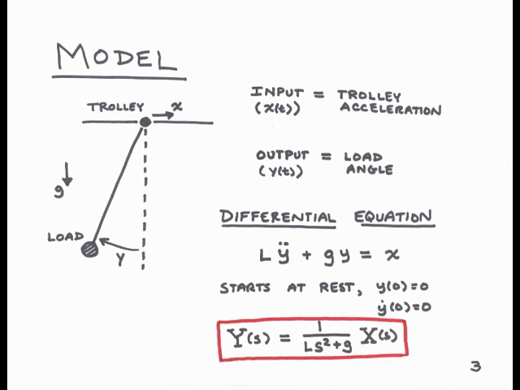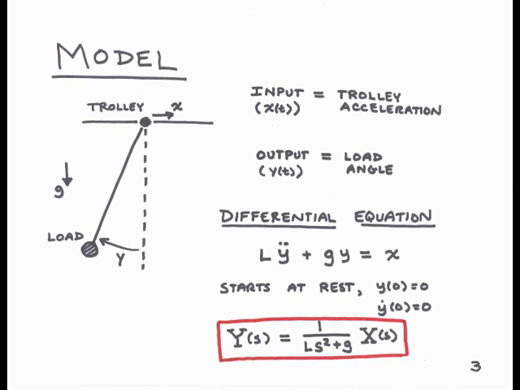We'll assume that the angle is small enough that we can use the small angle approximation. Otherwise, our differential equation will be nonlinear. The differential equation for this problem will be as follows. L times y double dot plus g times y equals x, where L is the length of the line between the trolley and the load, and g is gravitational acceleration.